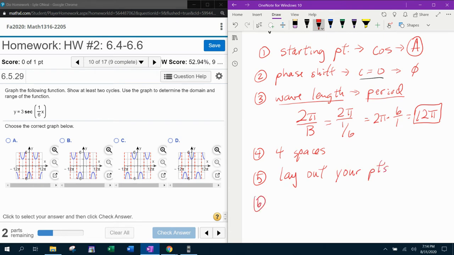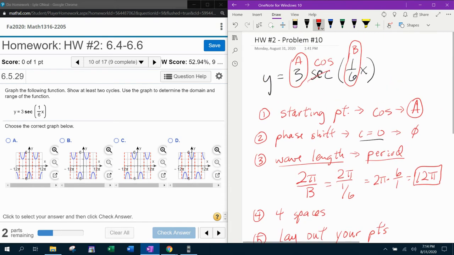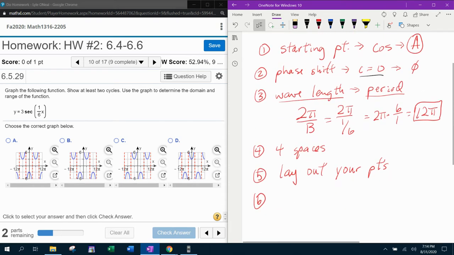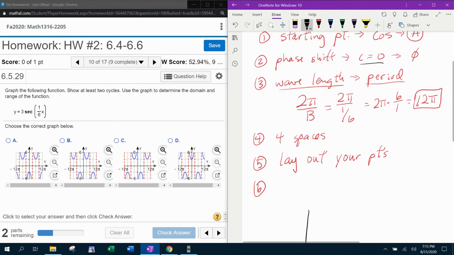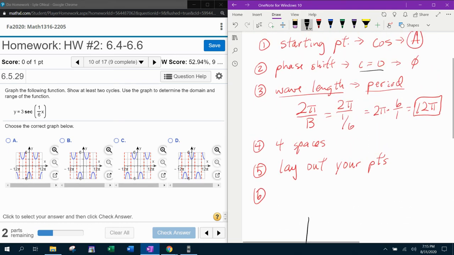And then step number 6 normally would be connect the dots if we had a cosine for real, but step number 6 is going to be different since it's really a secant. All right, so now let's get a coordinate system. My bad, my pen's acting up. And we're going to go through the 6 steps and create the graph, okay?